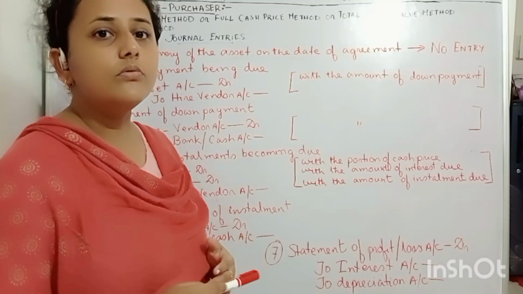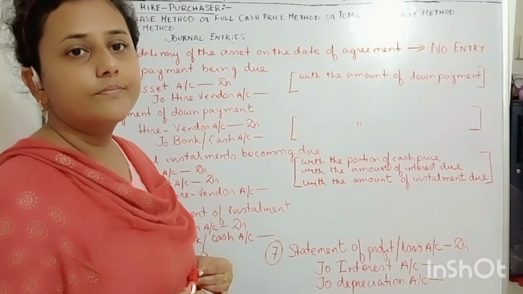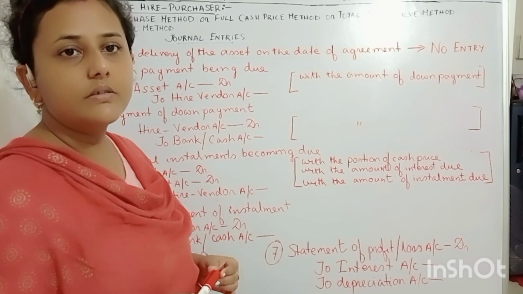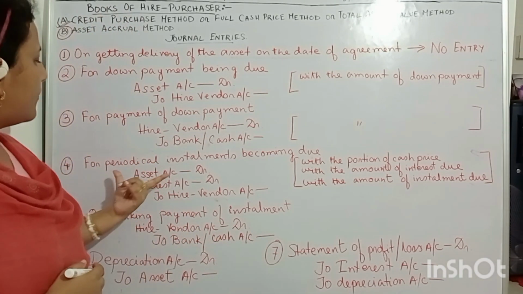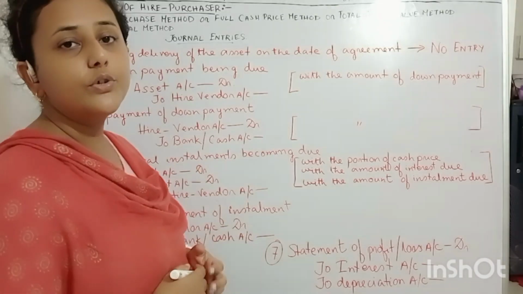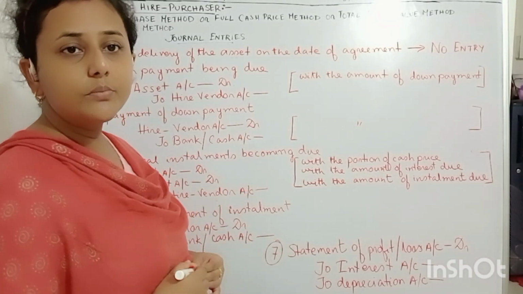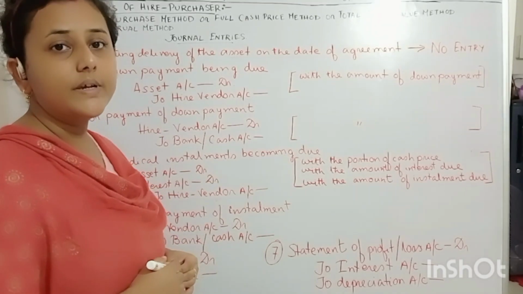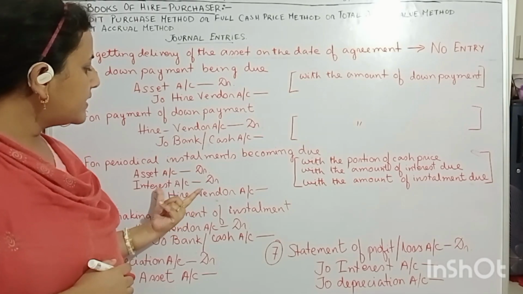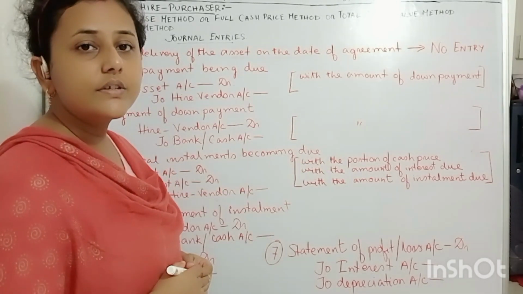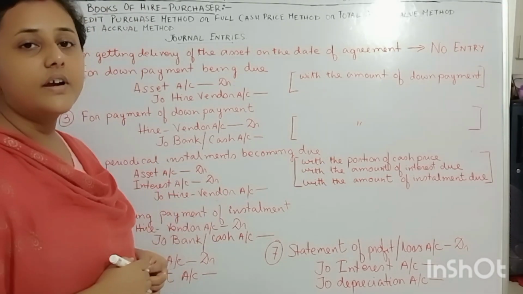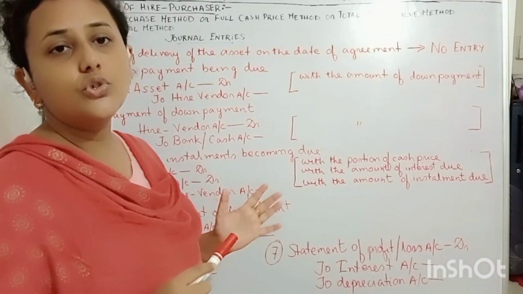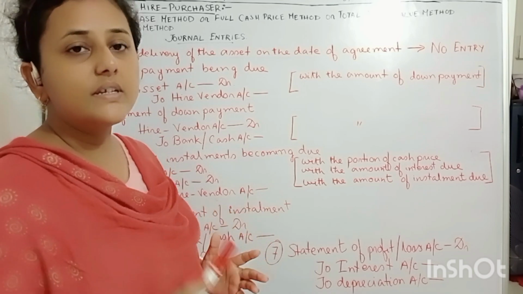Now when the year ends, when the installment is to be paid, at that time, for periodical installments becoming due, asset account is debited with the portion of cash price, and interest account is debited with the amount of interest, to hire vendor account, with the amount of installment due. The installments are paid yearly.